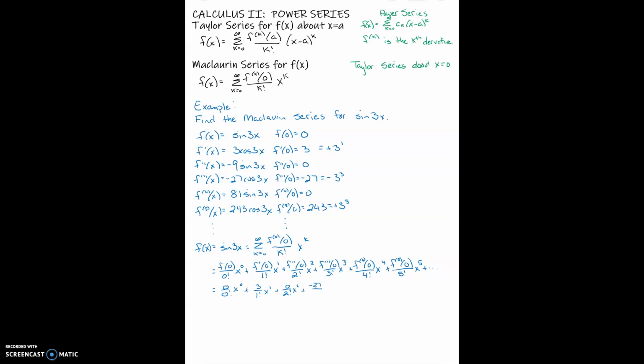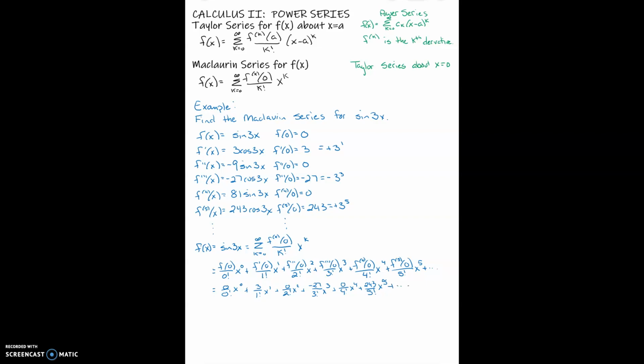Negative 27 over 3 factorial x cubed. 0 over 4 factorial x to the 4th. And 243 over 5 factorial x to the 5th.